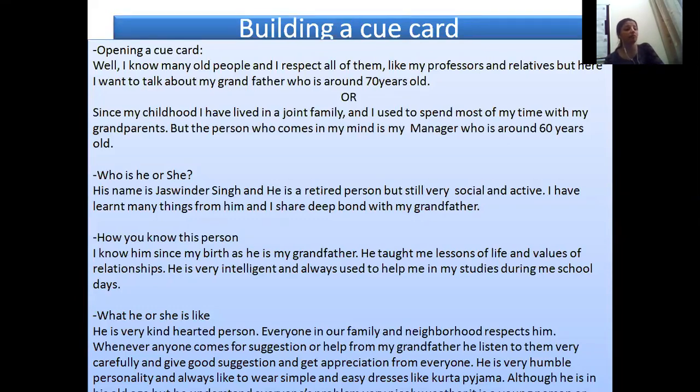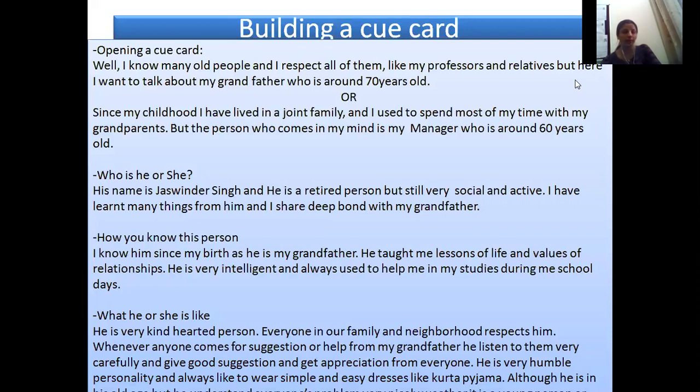Again, I have written an opening statement which says: well, I know many old people and I respect all of them, like my professors and my relatives, but here I want to talk about my grandfather, who is around 70 years old. This statement is for a person who is a student.